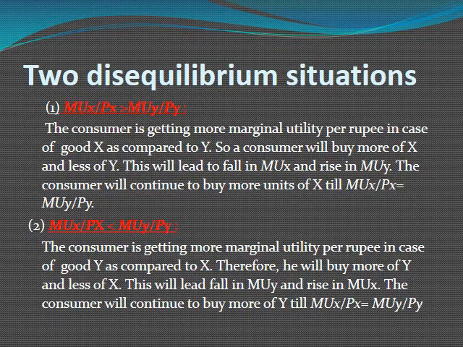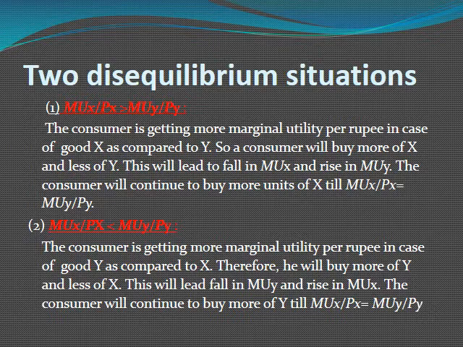So a consumer will consume more of X, and he will go on consuming till the ratio of marginal utility of X and price of X will be equal to marginal utility of Y divided by price of Y. So when these ratios will be equal, then equilibrium will be struck. So at that time a consumer will be in equilibrium.